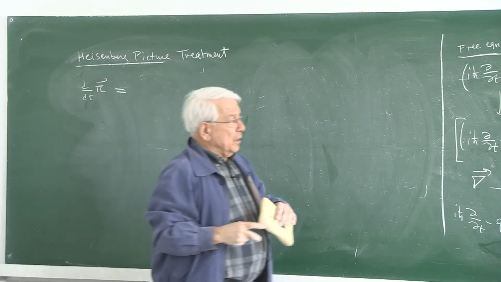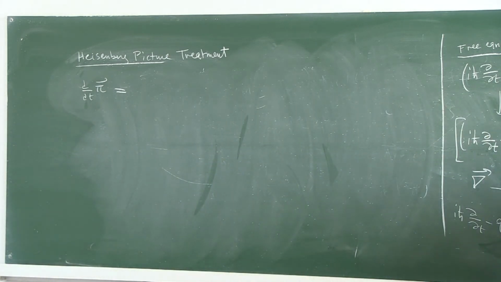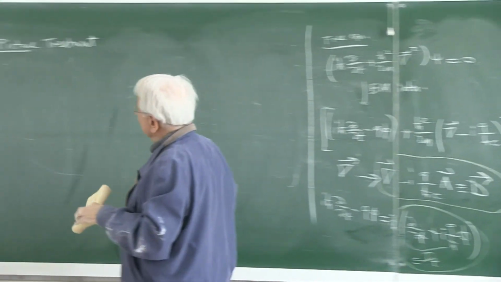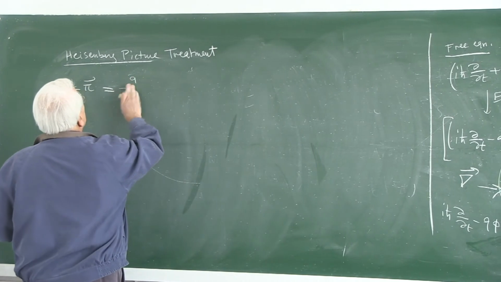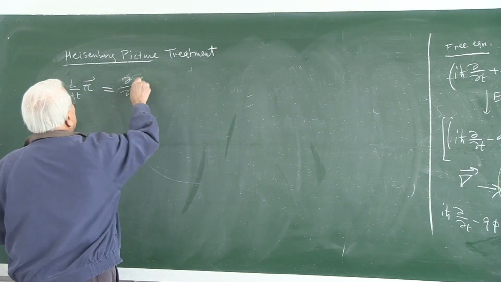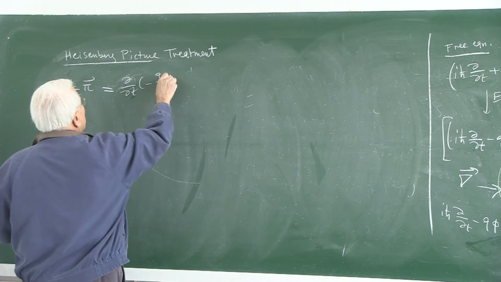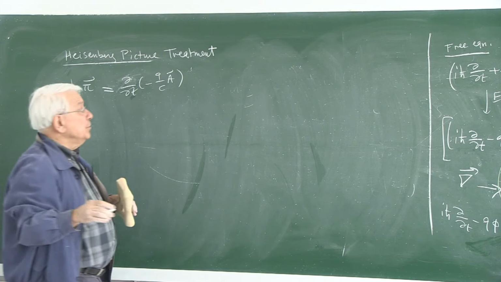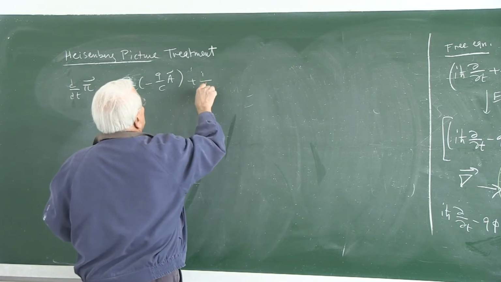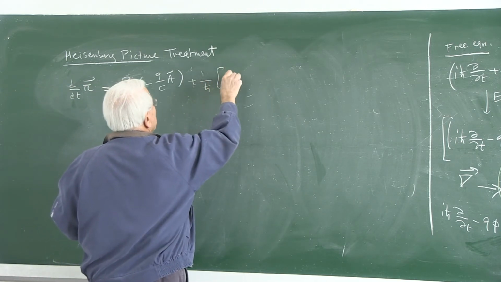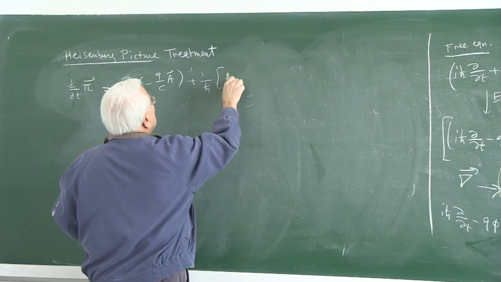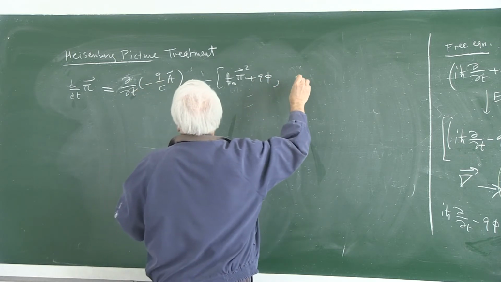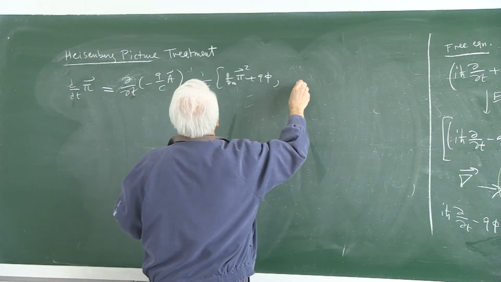Do we have a contribution coming from this term? This time, yes, because in pi there is A. So it is the partial derivative, minus q over c dA/dt, right? This term will have a contribution from the partial derivative, and then minus i over h bar, the commutator of H, which is fully 1 over 2m pi squared plus q phi, with pi, right?